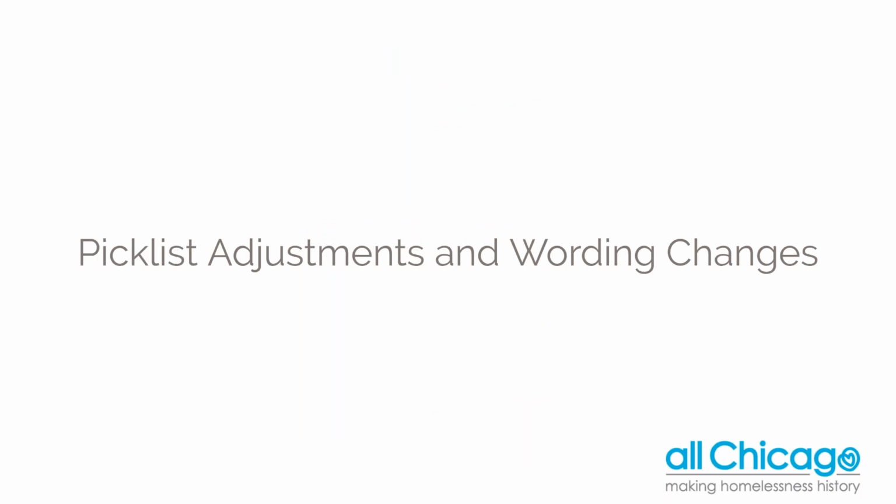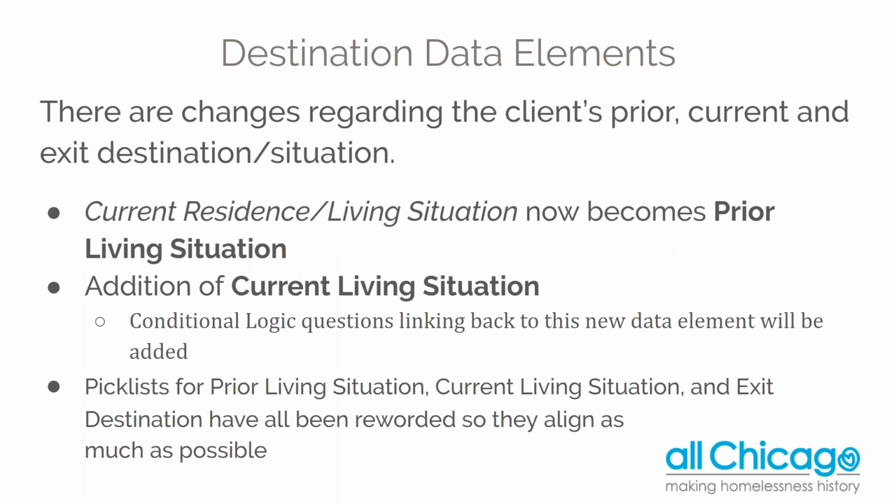Now here's a set of major changes that are happening: the pick list adjustments and wording changes. First off, many of you are probably familiar with the question that is current residence/living situation. In the system, current residence/living situation has always been designated to say, where was a client the night before they entered your project?